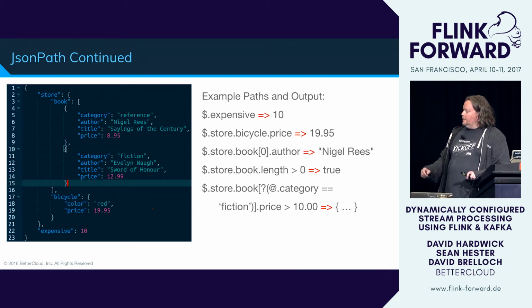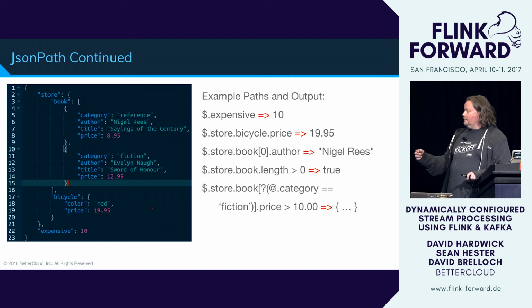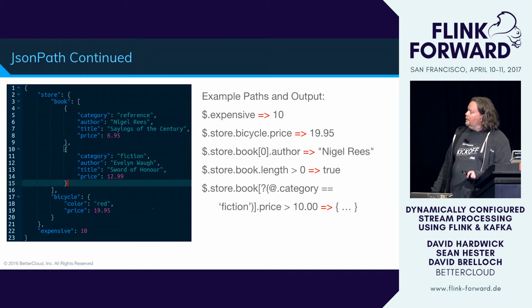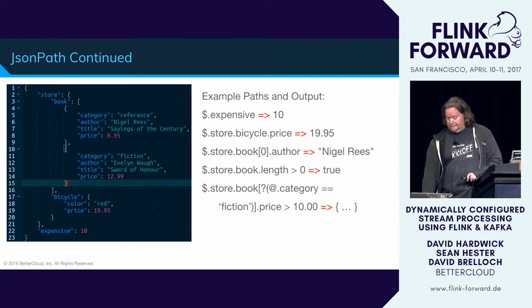You can actually do these kind of conditional queries where, show me the books where the category equals fiction and the price is greater than 10, and that would return you the JSON node for that second book in the book array. It also will support and/or operators within those same queries. So for any one query, you can actually get fairly complex. It's pretty sweet.